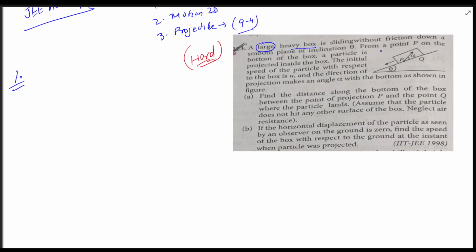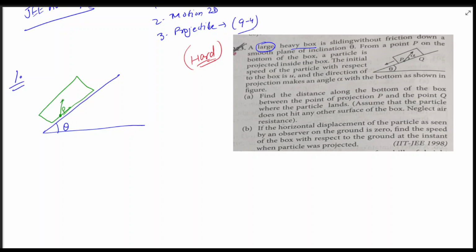From the point P on the bottom of the box, it is saying. Remember, this is our inclined plane, this is our angle theta, and let me make the box like this. This is the bottom of the box, and this point is P.